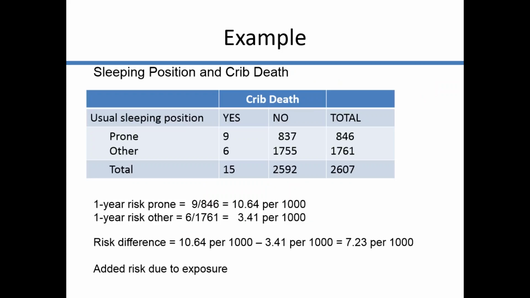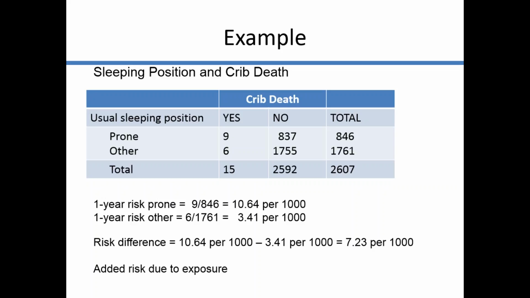Here you can calculate the risk. Now always start with the exposure and look at the total number of exposed. What if you tried to calculate this using column totals? It would be wrong, because you're not looking at this as a risk. When you say risk, you hear in your mind cohort study. When you hear cohort study, you say I'm starting with exposed and non-exposed.